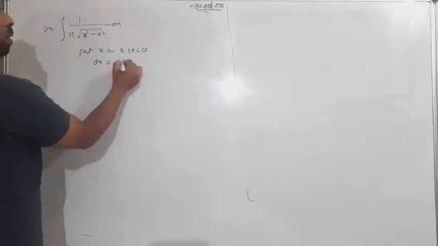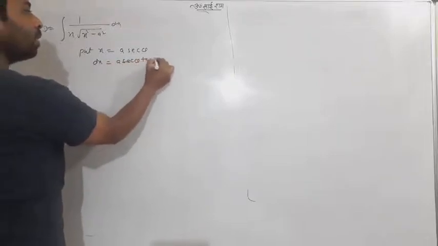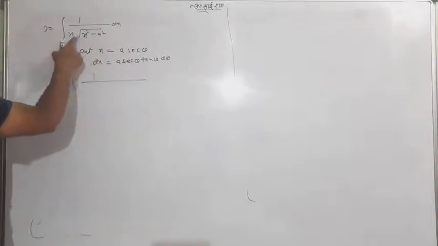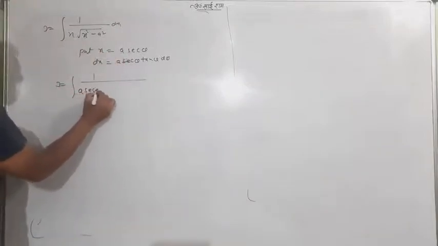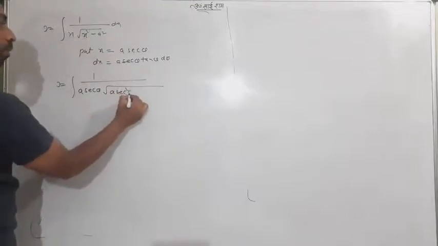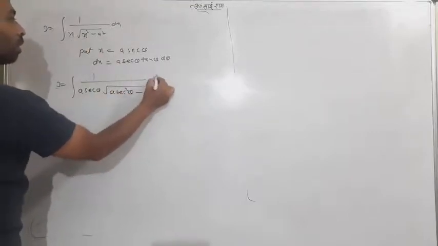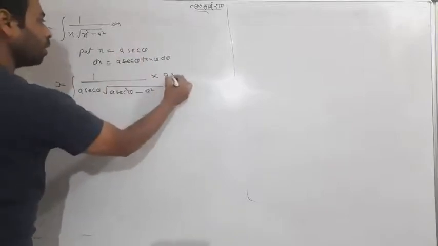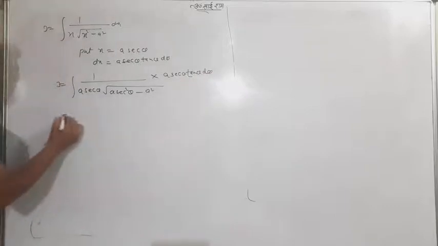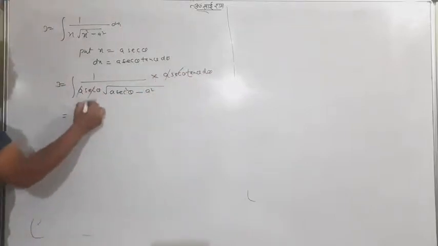dx equals a sec theta tan theta d theta, and then I equals 1 upon, instead of x you will put a sec theta, x square meaning a square sec square theta, minus a square, and dx will be a sec theta tan theta d theta. Now a and a cancel, sec and sec cancel.